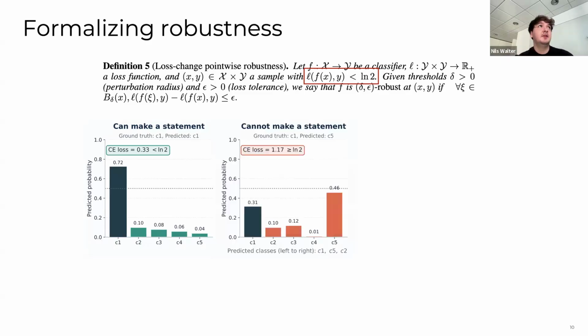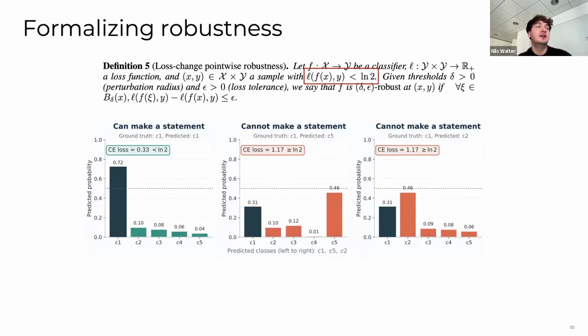And the problem is that if we have a look now at all these three histograms where we plot, just in an example, the probability distribution of the output layer, you can see that for this middle one and this right one, the cross entropy loss is the same, but the prediction is different.